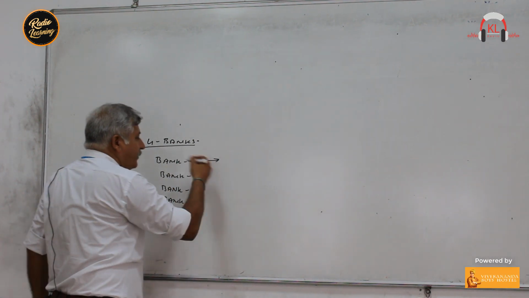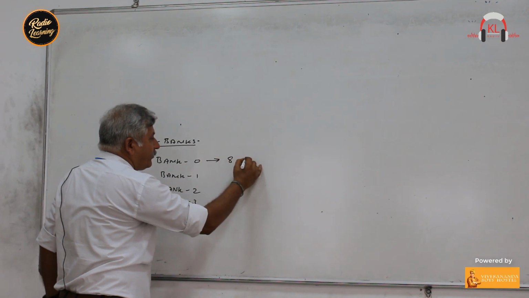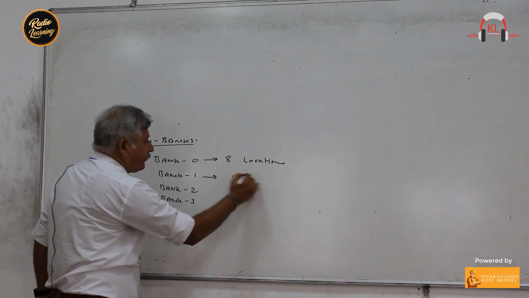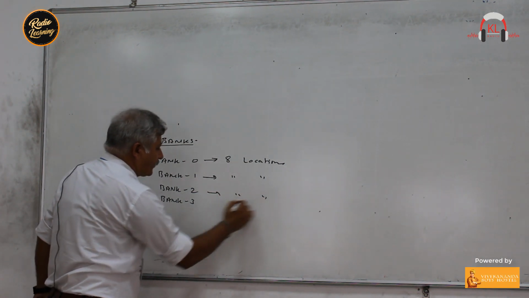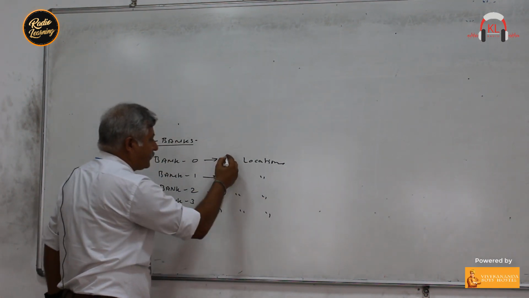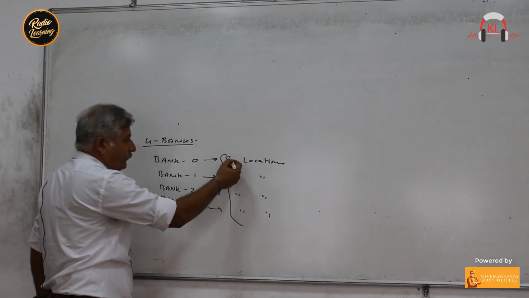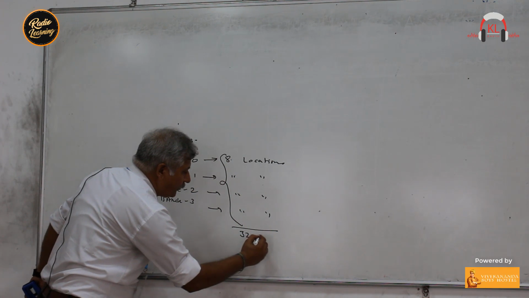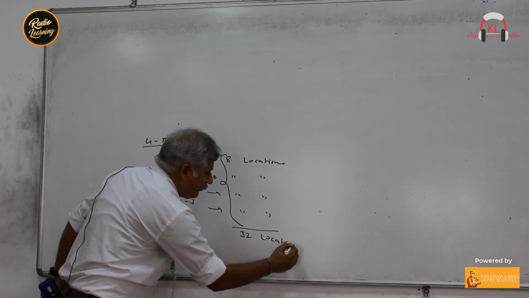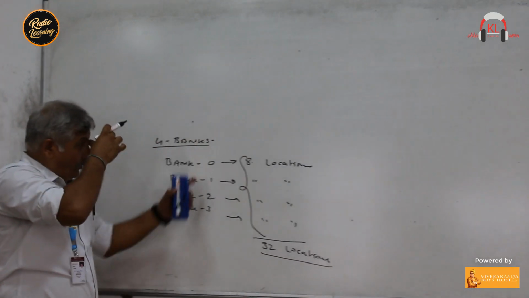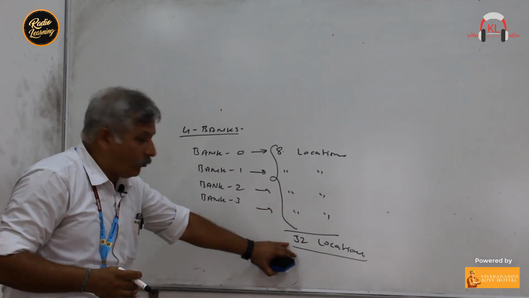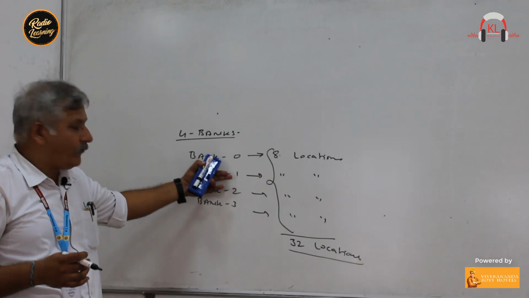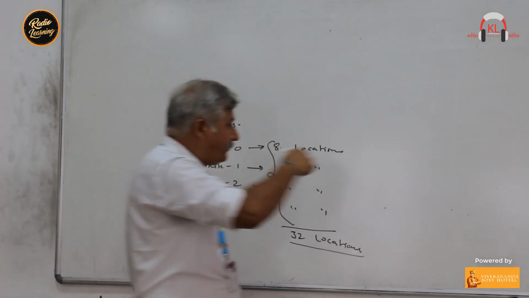So this bank has 8 locations, this one 8 locations, and so on. In total, 8 plus 8 plus 8 plus 8 is 32 locations, divided in 4 banks: bank 0, bank 1, bank 2, and bank 3.